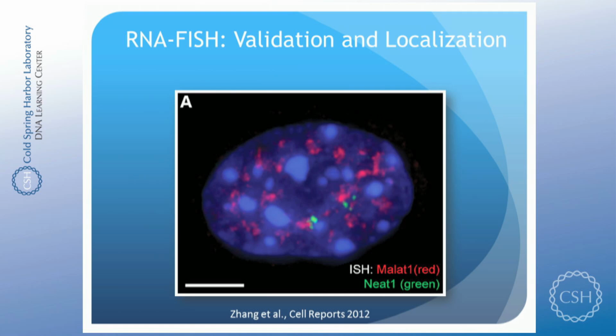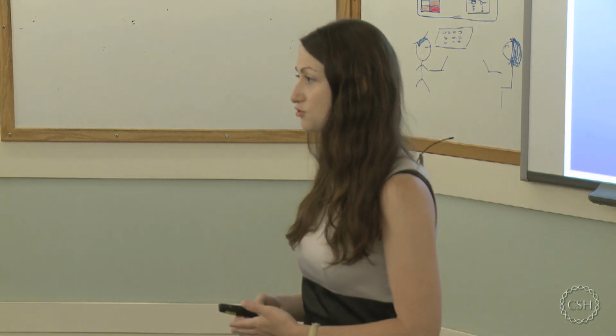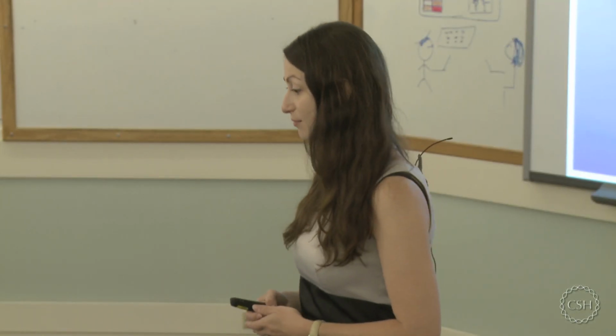And you can quite nicely see those red dots are a transcript called MALAT1, and those green dots are a transcript called NEAT1. And this displays already the second advantage of RNA-FISH: not only can you see your transcript and know it's there, you can also tell where it is. So RNA-FISH has, in addition to the qualitative validation, also a localization advantage.